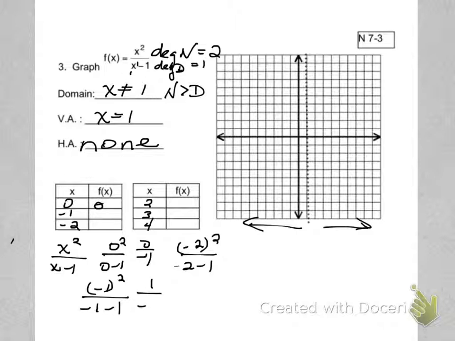1 over -2, so -0.5, and 4 over -3, which is -1.3. Then on the other graph, we'll have 2 squared over 2 minus 1, which is 4 over 1.